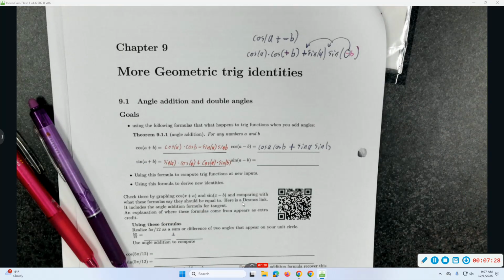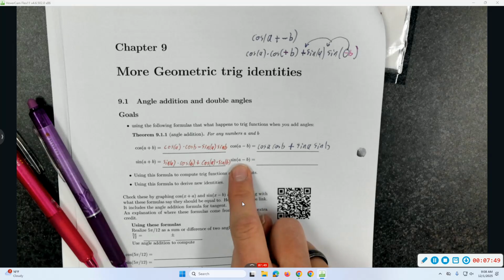And I'll put it on the board. Cosine of A plus or minus B is cosine A cosine B, minus plus to indicate that it's like plus or minus, but in the opposite case, sine A sine B. And let's just try to think through what should happen for sine.